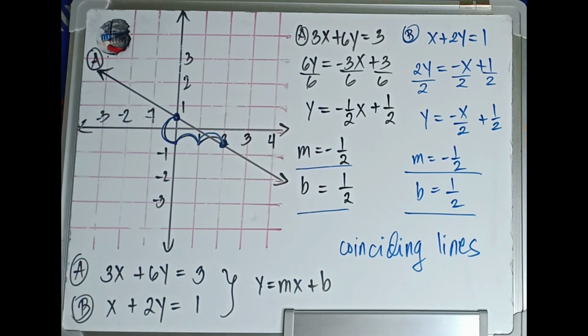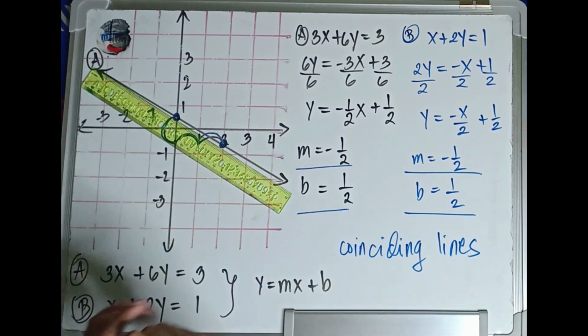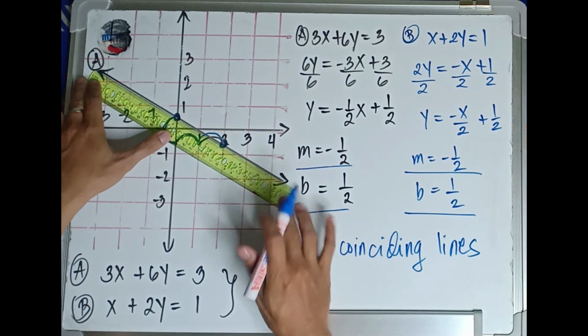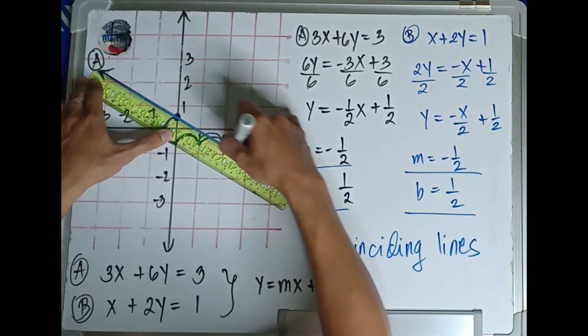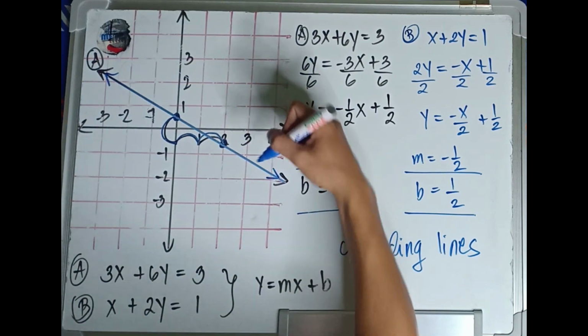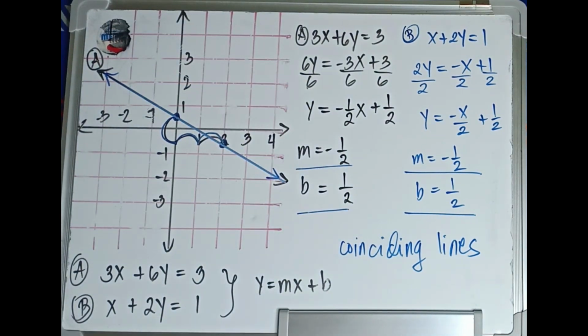Then, let us connect the 2 points. Now, the graph shows coinciding lines, or overlapping lines.